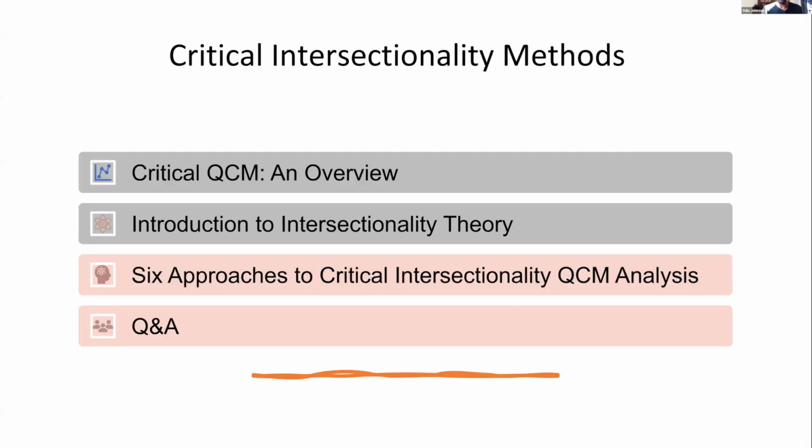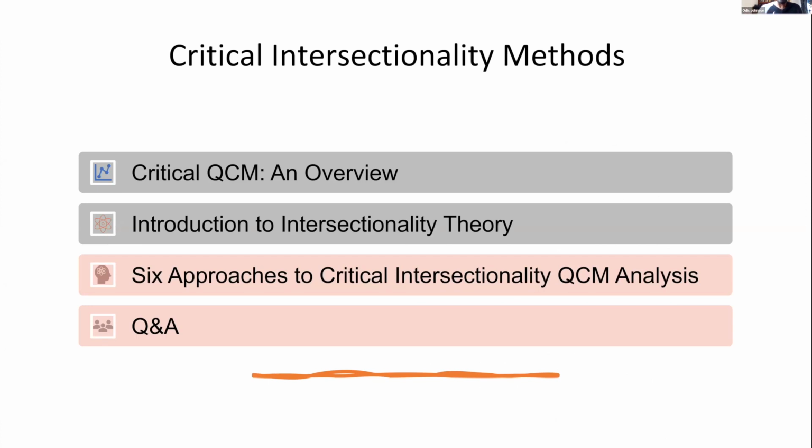The overview, we're going to get into critical intersectionality methods because, of course, critical methodology is a big area. It's growing and it's an exciting area to be in right now. So I wanted to focus more on one particular approach, and that would be intersectionality. But first, we'll start with a critical QCM overview. Dr. Rollins already said that the QCM would be quantitative, computational, and mixed methods in this case. And then we'll do a little introduction to intersectionality theory.